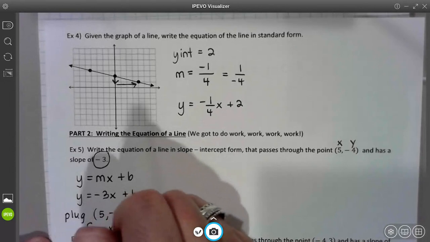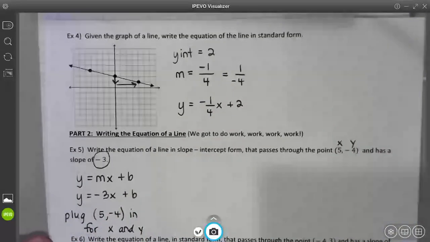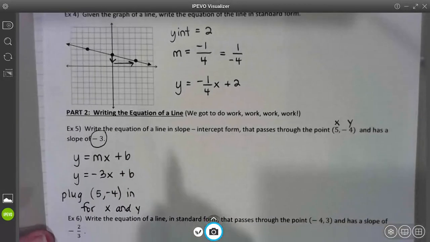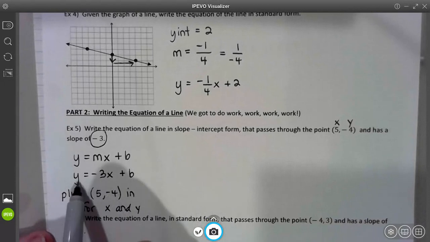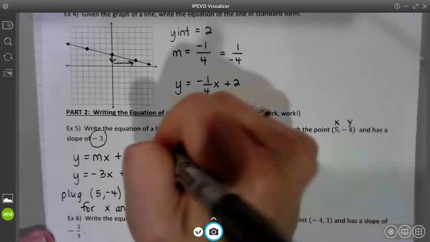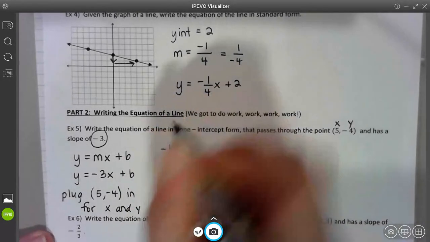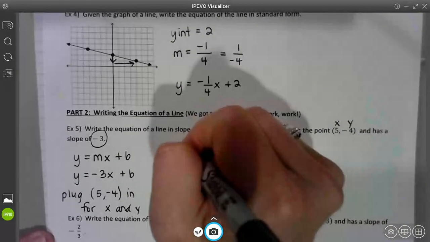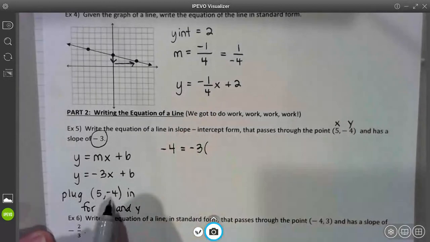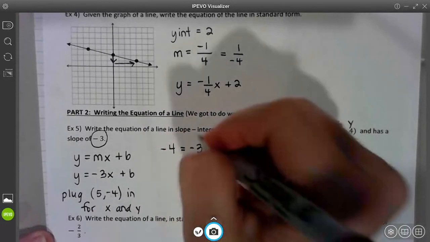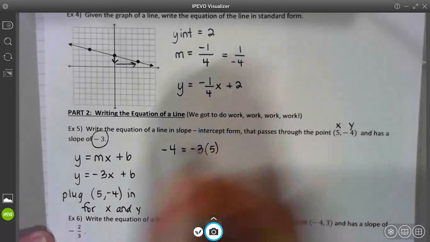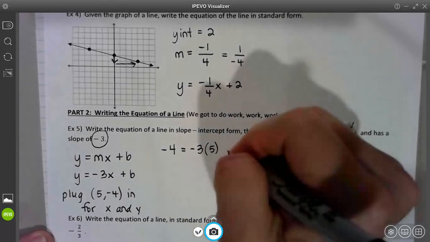Just make sure you put the right number in for x and the right number in for y. We're going to plug -4 in for this y right here. So it'll be -4 = -3 times, not x, we're going to plug 5 in for x, and then we still have the + b at the end of our equation.